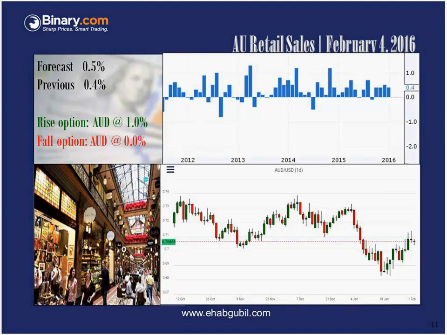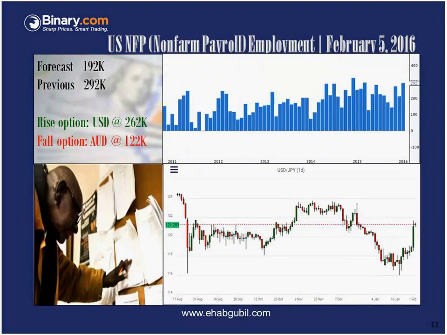Last tradable news with us today that we will watch this week is U.S. non-farm payroll employment that will be released on Friday at 1:30 p.m. London time.